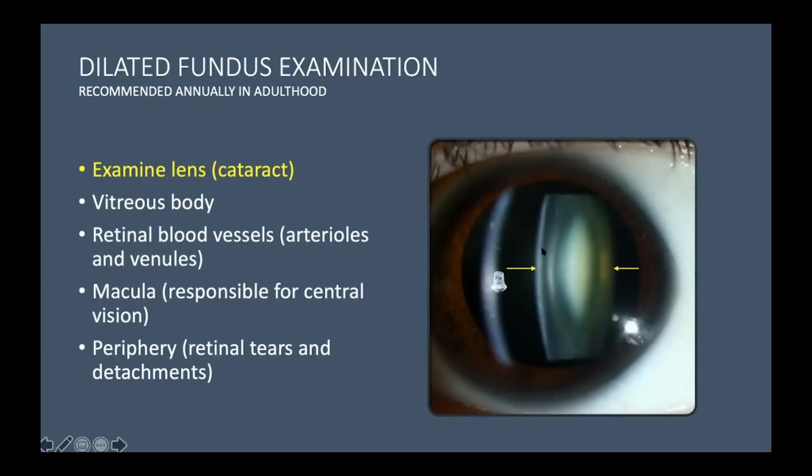We're able to get a better view of the lens, which is shown here between the two yellow arrows. And as you learned last week, the lens is nice and clear in childhood, and as it eventually becomes less clear, it becomes a cataract.